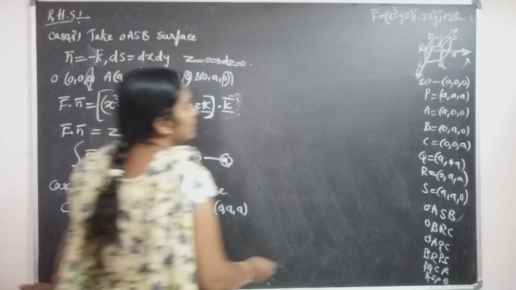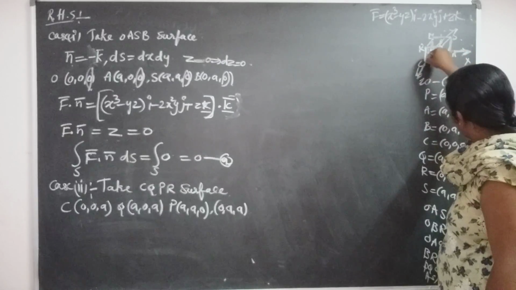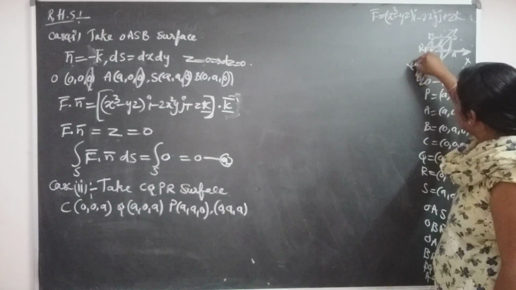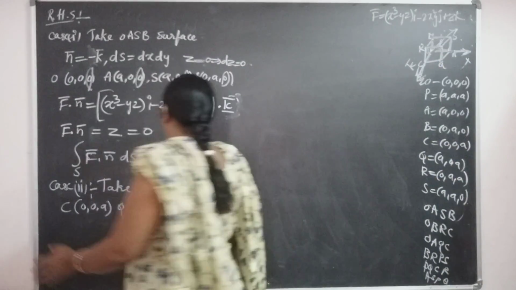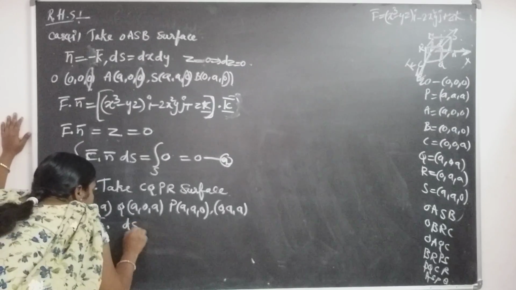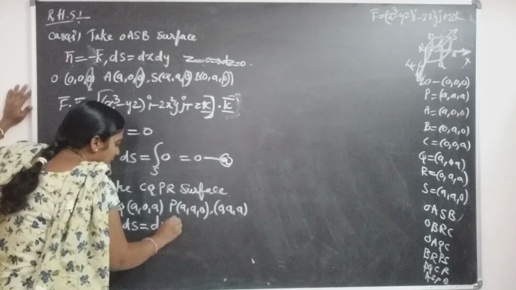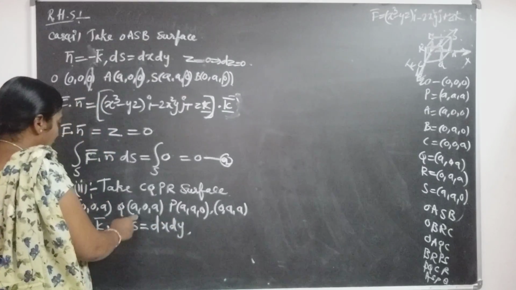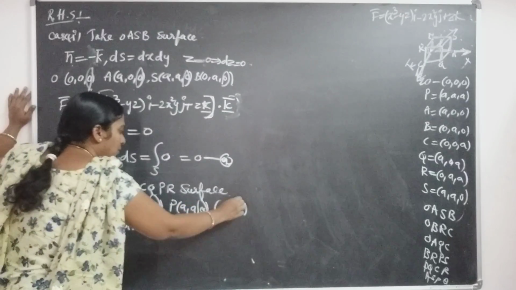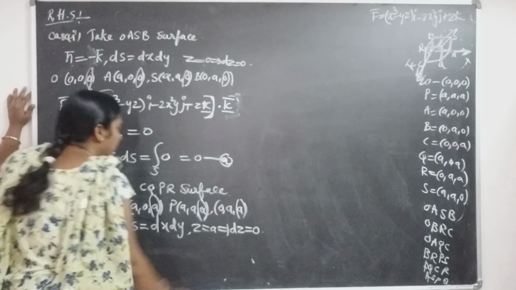Here, for this surface, the outward normal is along the z-axis. The z-axis unit vector is k. So here n bar equal to k vector, and ds is dx dy in the xy plane. But in all these cases z is equal to a, a fixed value, not changing. So z equal to a, then dz is equal to 0.